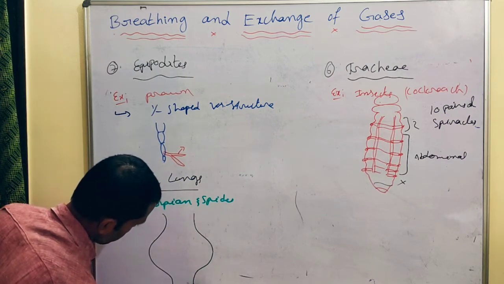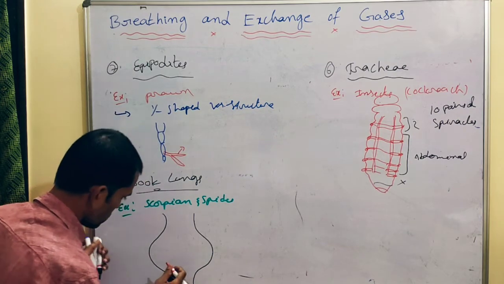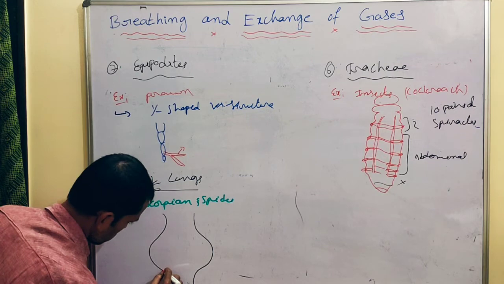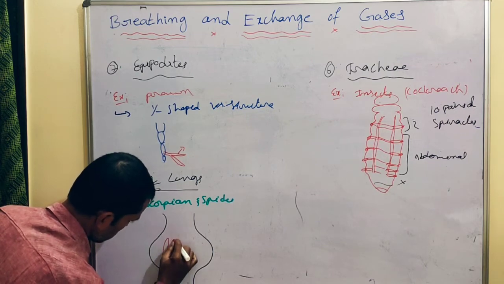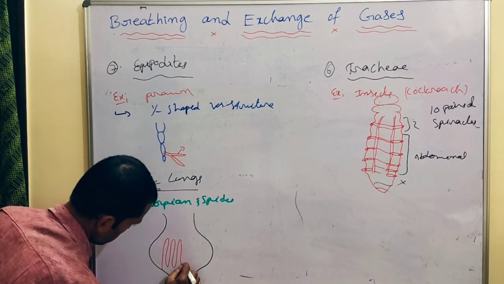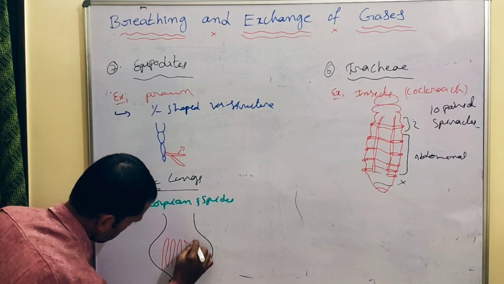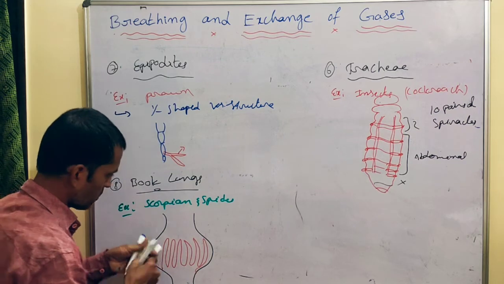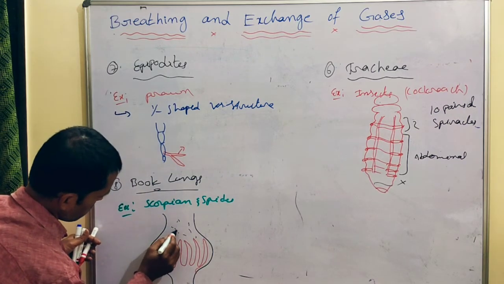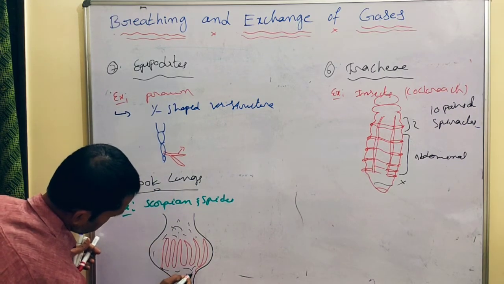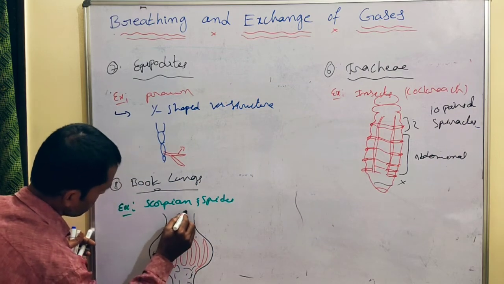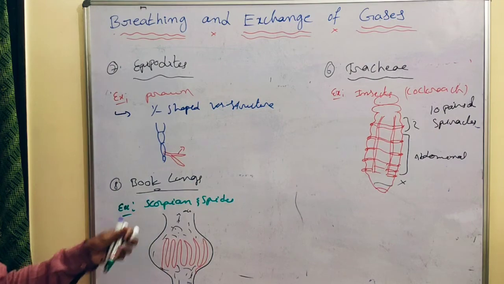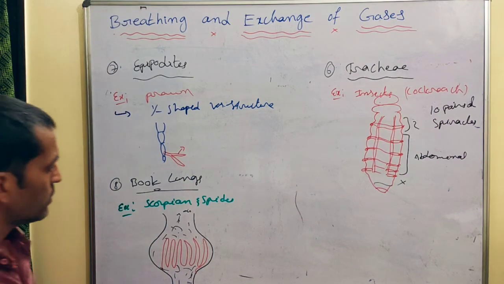This is the structure of book lungs. Right, these are the book lungs. Through book lungs, scorpion and spider respire.